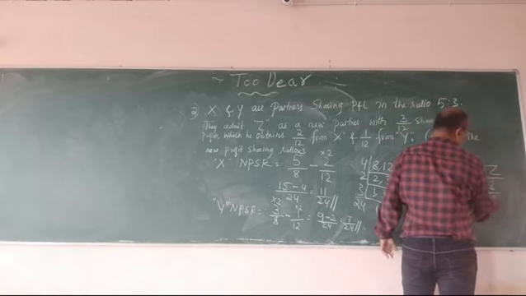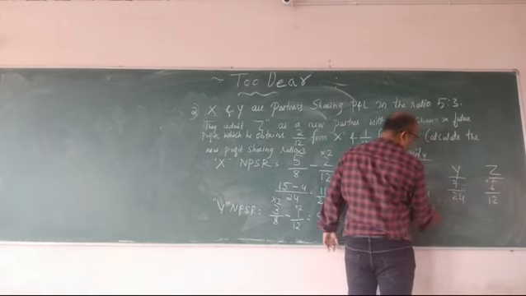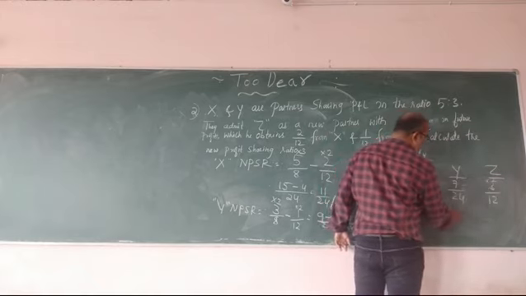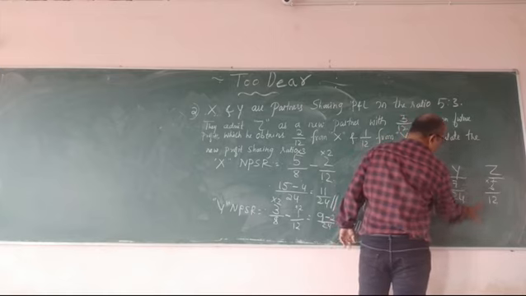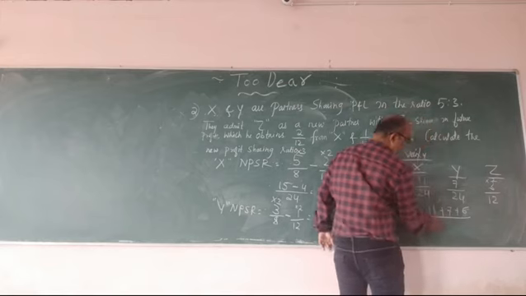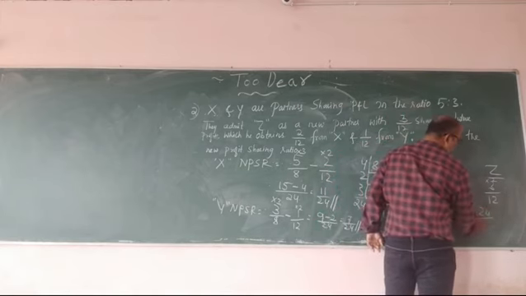To make it 24, 12 into 2 equals 24. So 11 plus 7 plus 6 divided by 24 is 24/24.